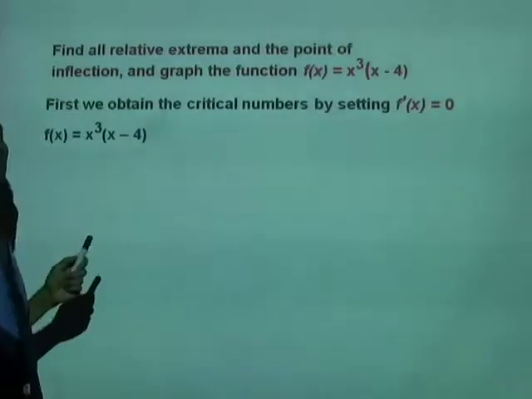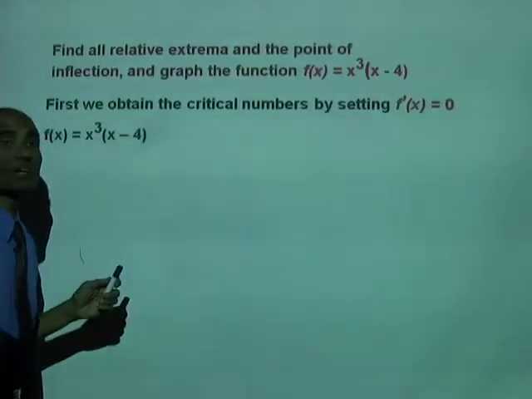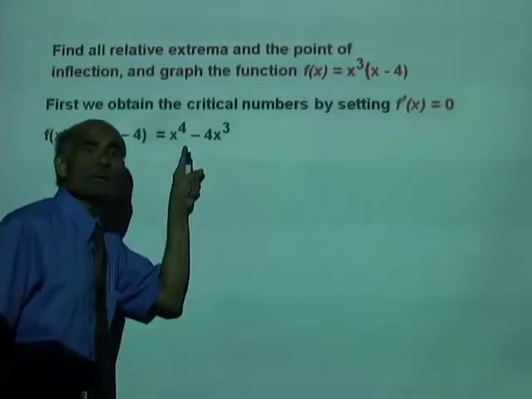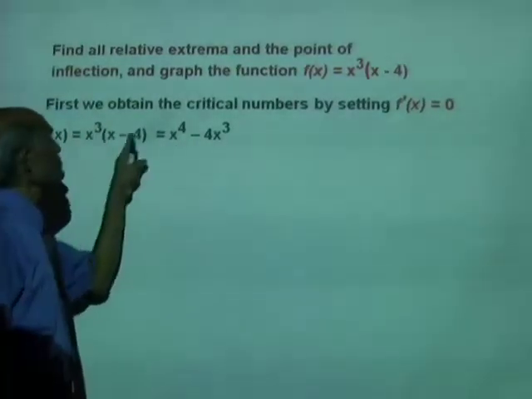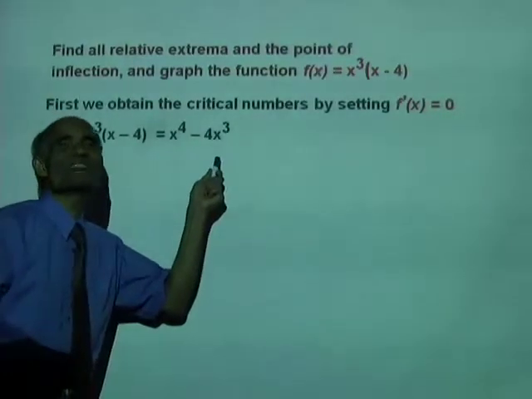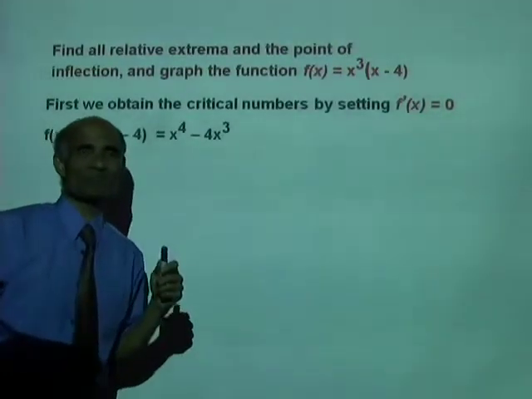So this is f of x equal to x cubed times x minus 4, and let's do it by expanding it. That is x to the power of 4 minus 4x cubed. It's much easier now to find the derivative.